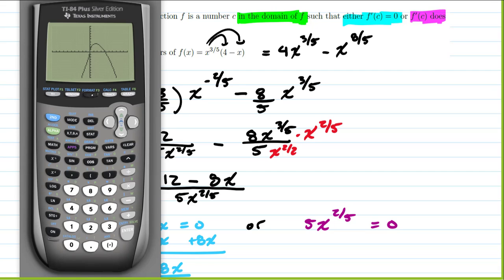So let's zoom in a bit. So zoom in, press enter. I went down too far. So let's make our y-max a little bit bigger.